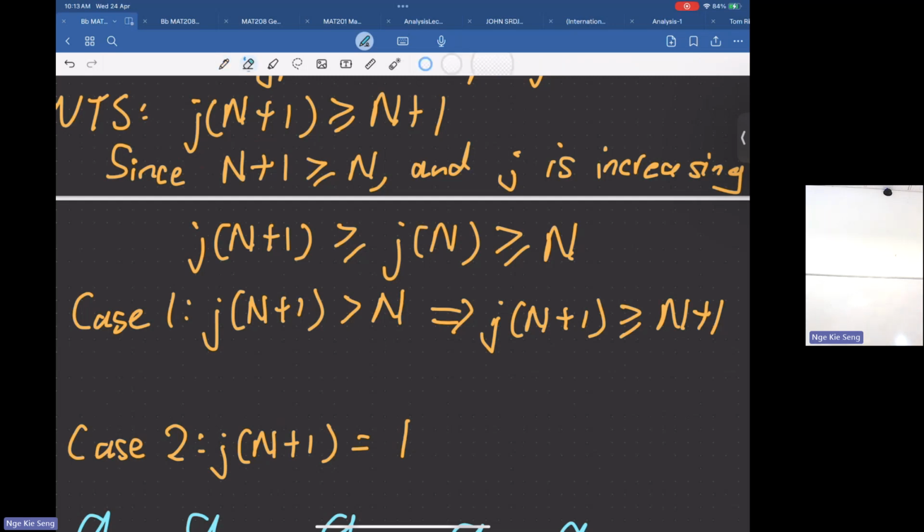Any contradiction here? No? If Jn equals n. Wait first. Okay, so what's the problem? Any problem here?